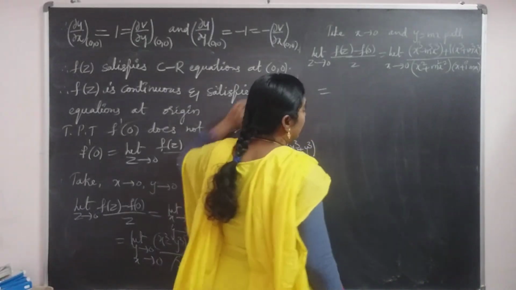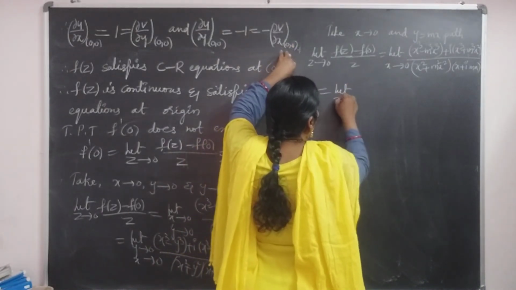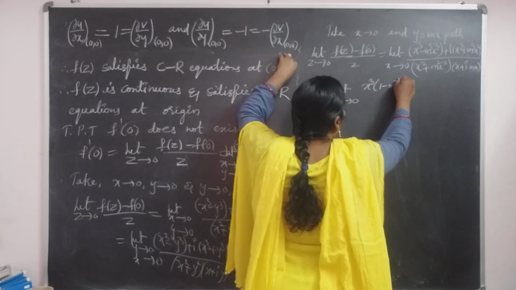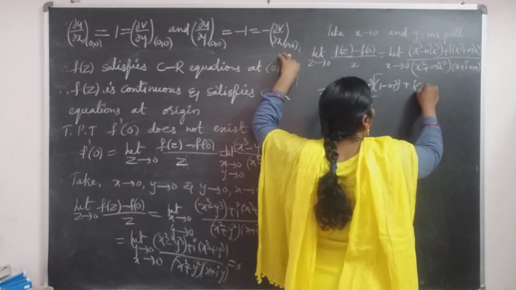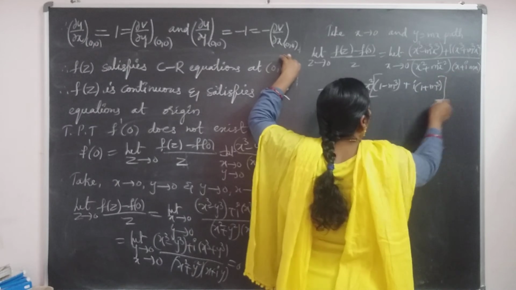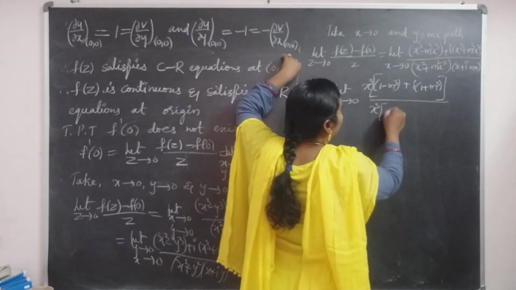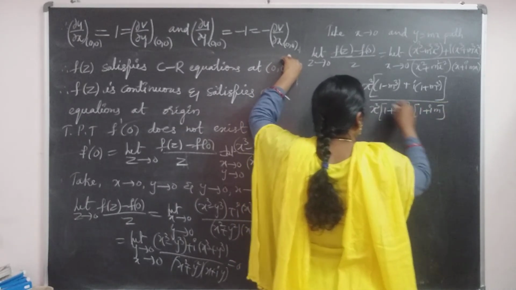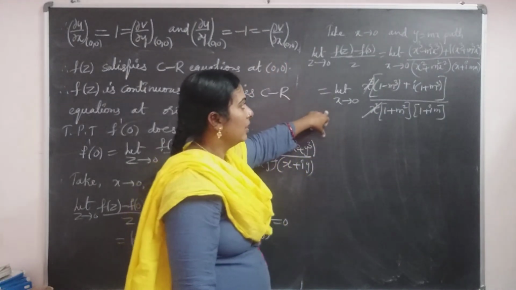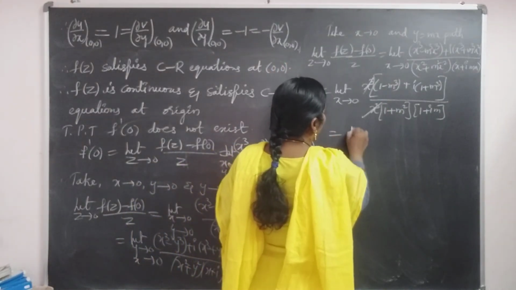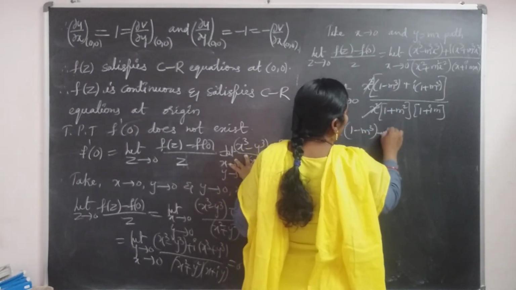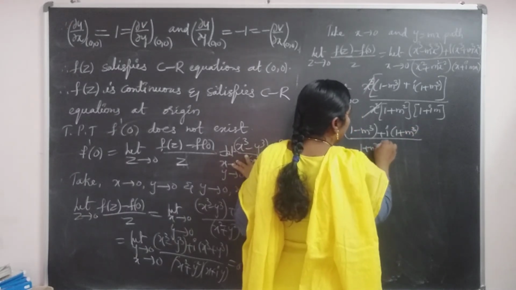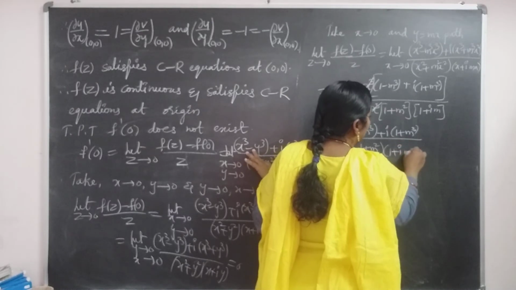Here in the numerator taking x cube common, and in the denominator x square common, x cube gets cancelled. So it is equal to (1 minus m cube plus i into 1 plus m cube) by (1 plus m square) into (1 plus im).